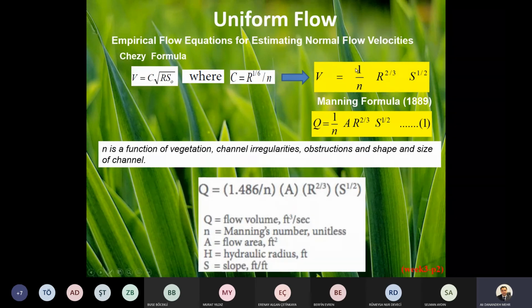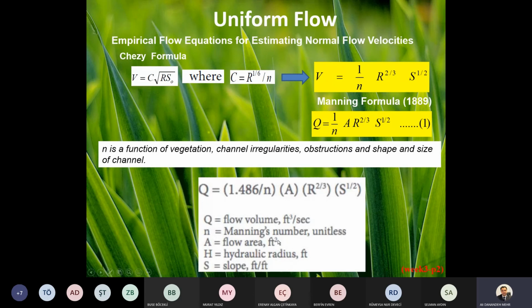This coefficient has a dimension which makes two sides of this equation dimensionally correct. So this is the one when we have R in terms of meter and V in terms of meter per second, or generally speaking, when the calculations are in the SI system.